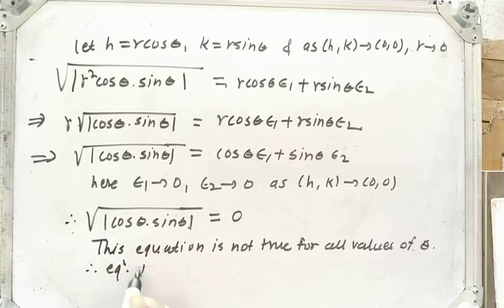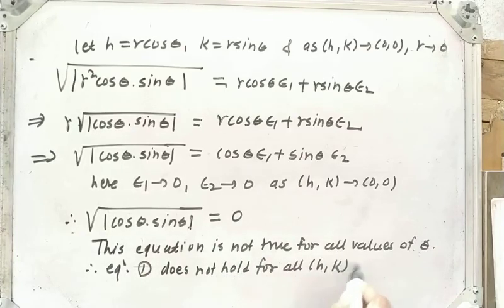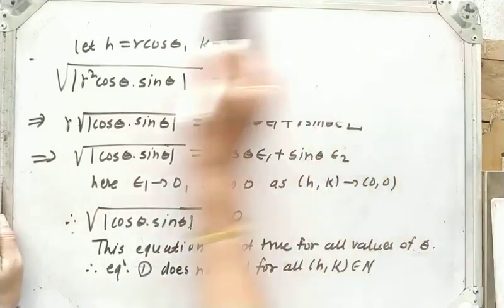Therefore, equation 1 does not hold for all (h,k) belonging to the neighborhood, and we assumed that it holds for all (h,k) belonging to N, but this equation does not hold.